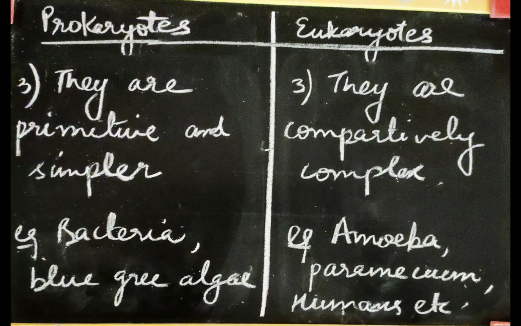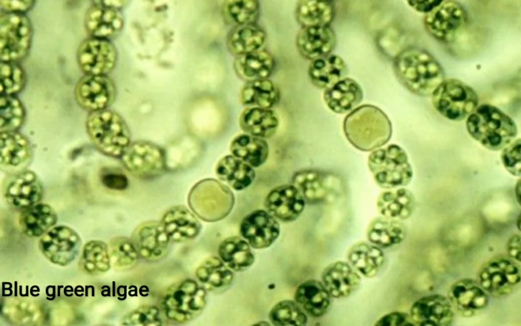The third point of difference, that prokaryotes are primitive and simpler due to the reasons that we just stated, and eukaryotes are comparatively complex. Examples of prokaryotes include bacteria, blue-green algae, which is also a type of bacteria. This is the microscopic view of blue-green algae, which is also known as cyanobacteria.